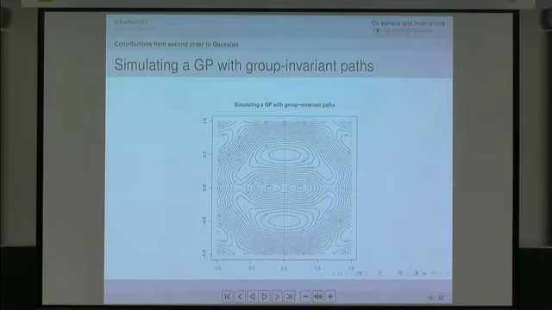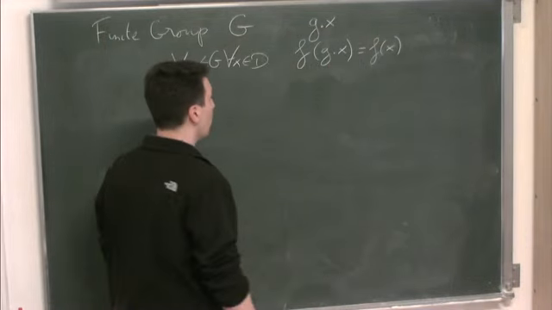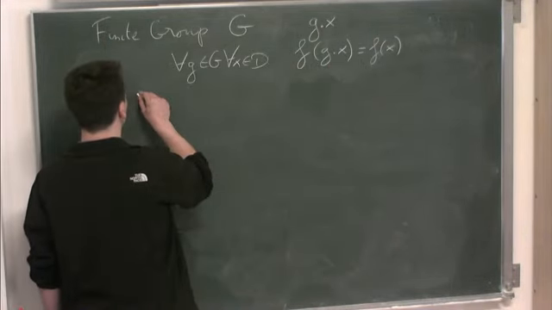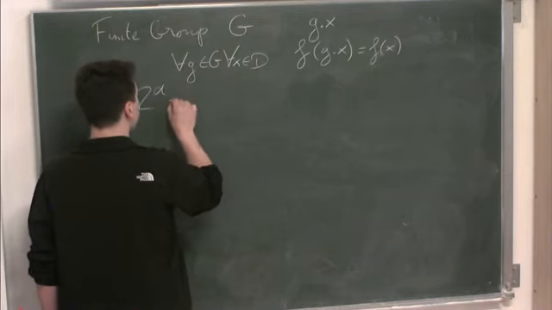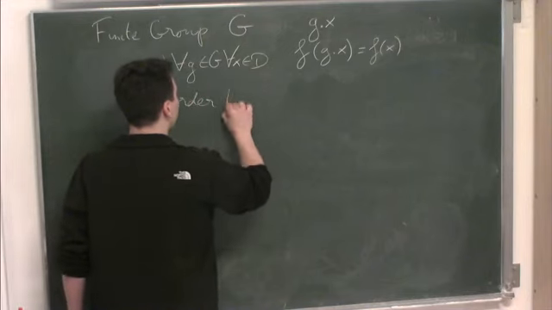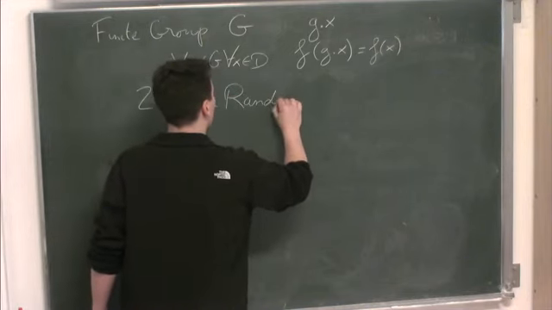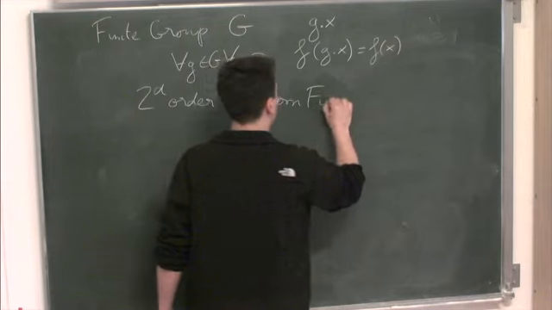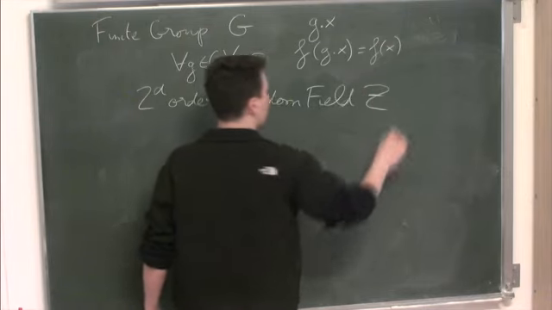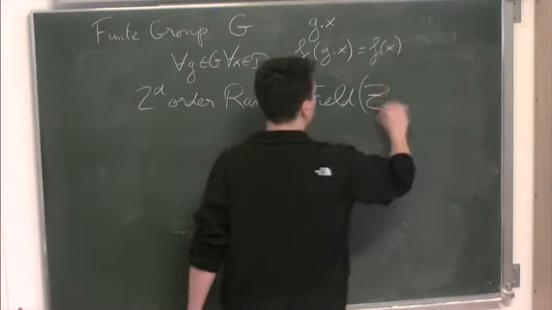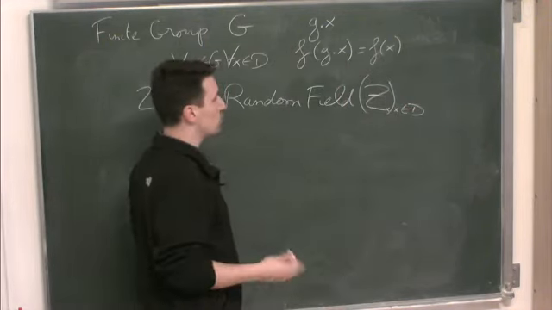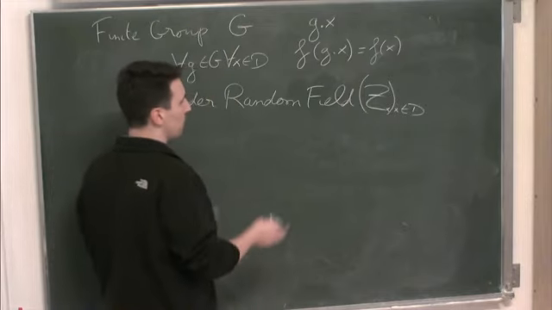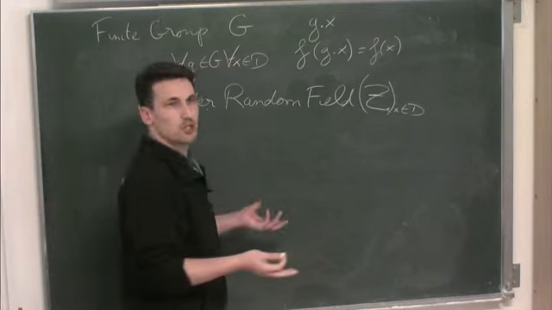Imagine you want this to hold, and you take a random field Z. Take a second order random field Z, any measurable random field which has an expectation and a variance.